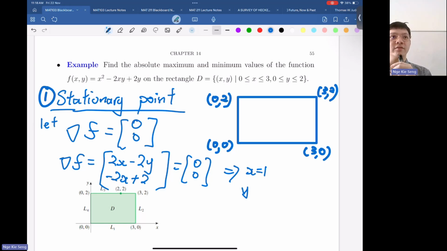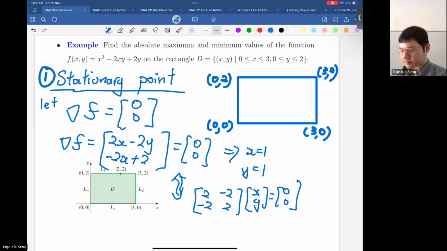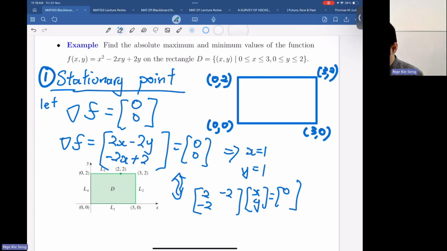You should get x equals 1, y equals 1. 对吗？只有这个点，全部人 check 了吗？这边就可以用 linear algebra，reduce row echelon form of this matrix, 得到 1, 0, 0, 1, 1, 1.